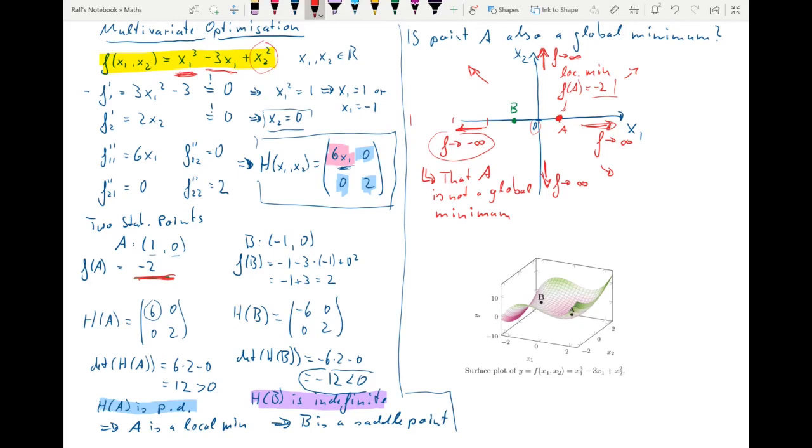A was at x1 equals 1 and x2 equals 0. That was our local minimum. And B was at -1 and 0. So that was here. That was a saddle point.